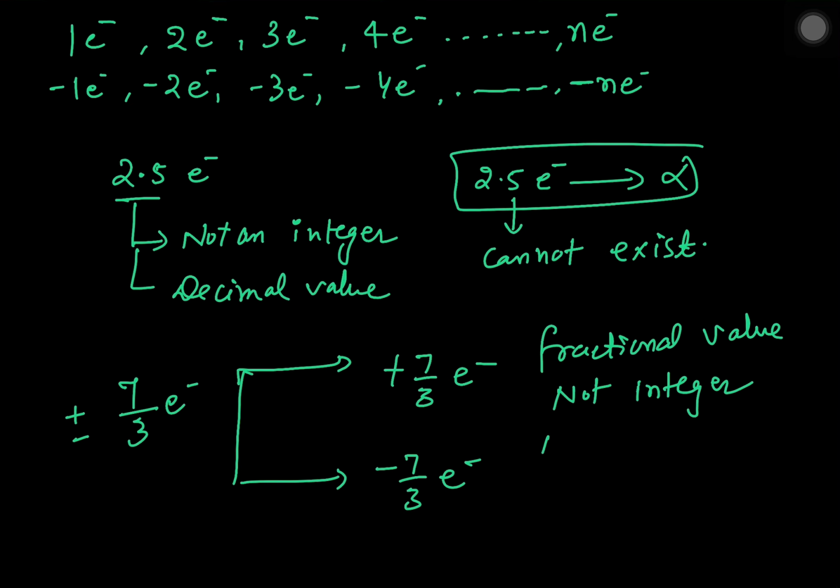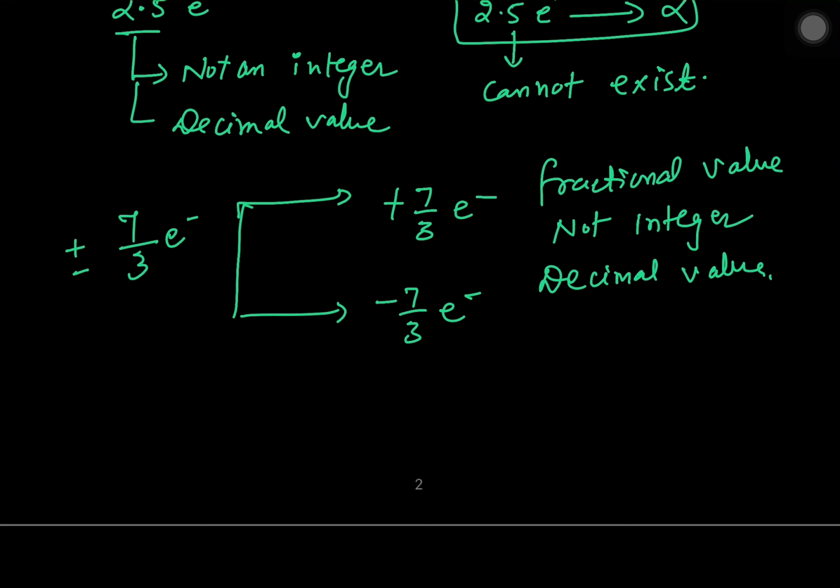On dividing these fractions, we will get decimal values. That is why this cannot exist either, because it violates the quantization of charge. According to the quantization principle of charge, charge always exists in integral multiples of the fundamental charge.